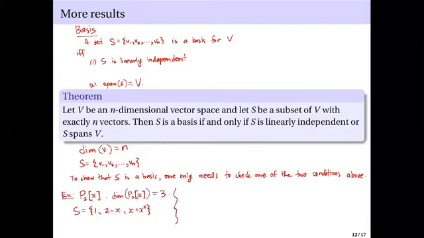So to show linear independence, suppose you have k1 times 1 plus k2 times 2 minus x plus k3 times x plus x squared. Suppose this guy here is equal to 0.